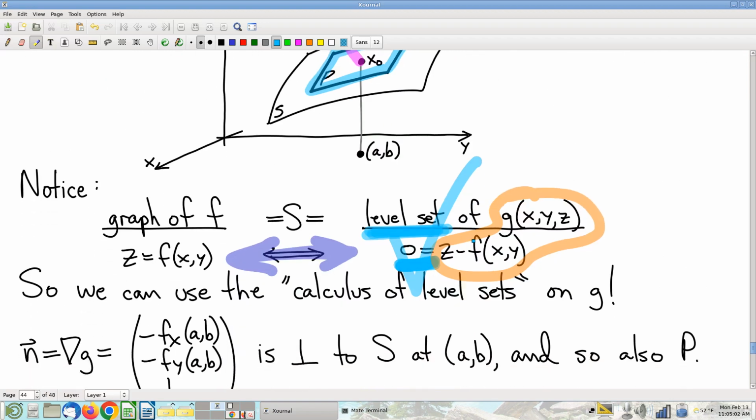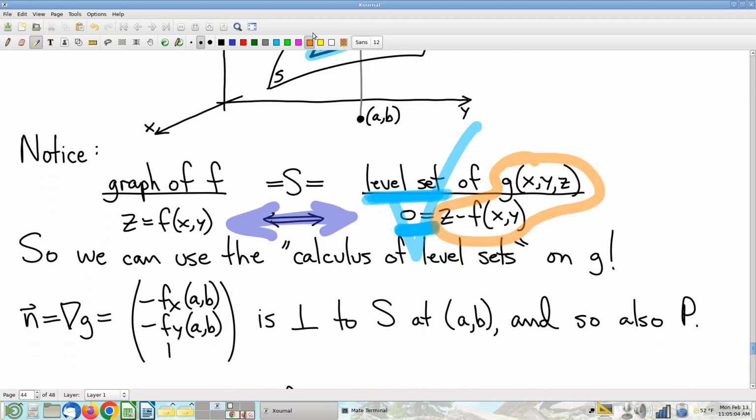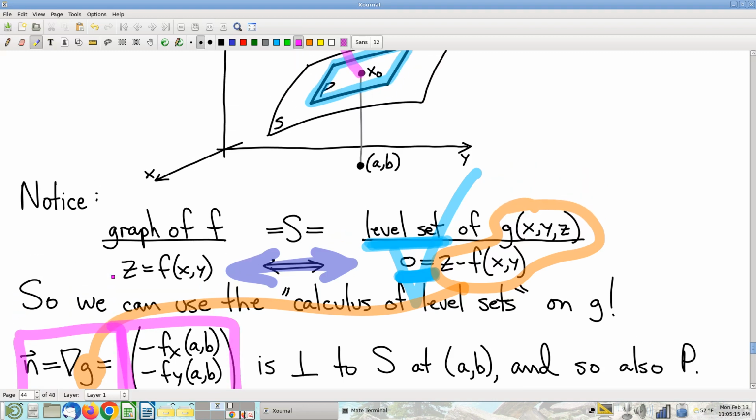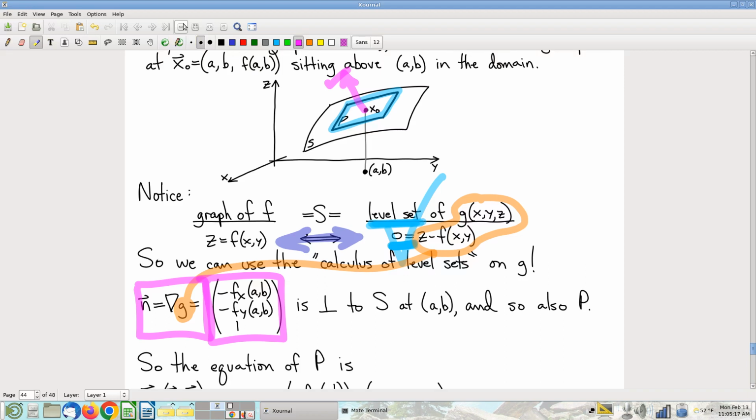I just need to take this function whose level set I'm looking at, and its gradient, which is easy to write down. There it is. Its gradient is my normal vector. It's my tangent plane, and it's all over but the shouting at this point.